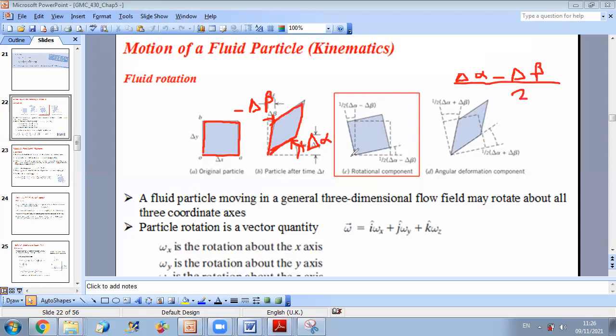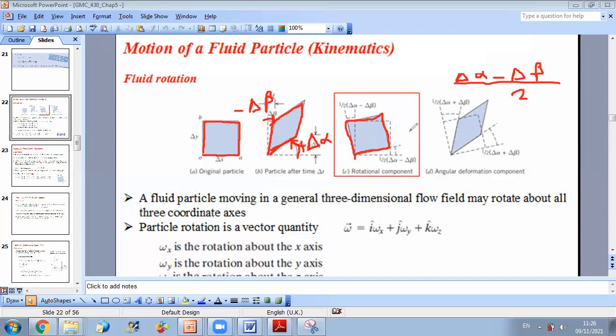So the body first rotated by an angle of half delta alpha minus delta beta and was in this position. Now, this position of the particle is different from this one. So this is due to deformation.